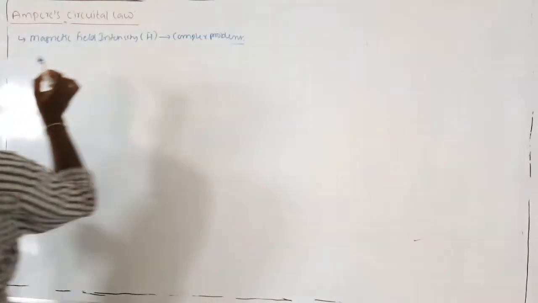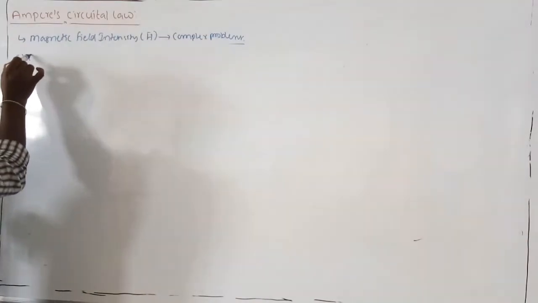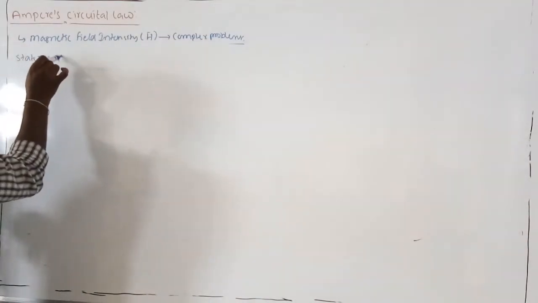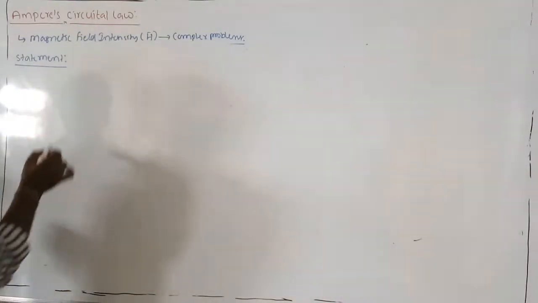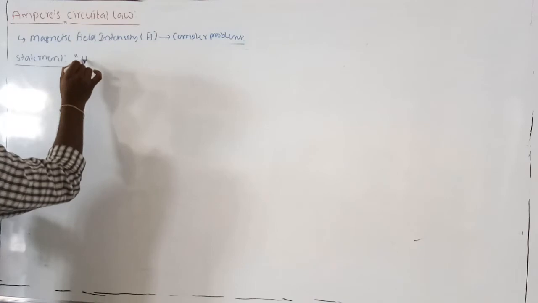Now we will see the statement. What is the statement of Ampere circuit law? First of all, I will write the statement here, then we will try to understand it.